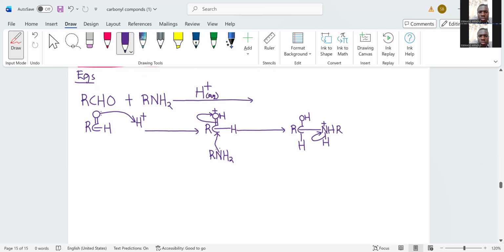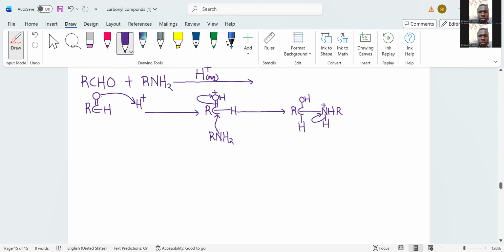At this level, we have a hydrogen shift, so that we get RC, oxygen.